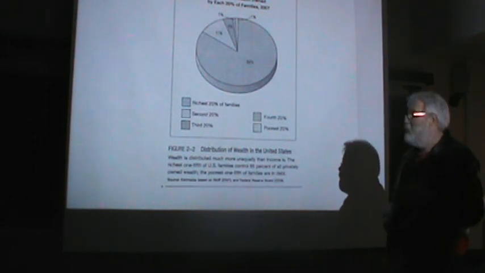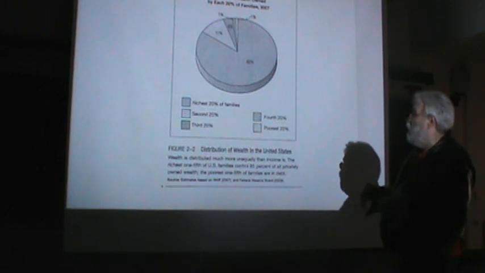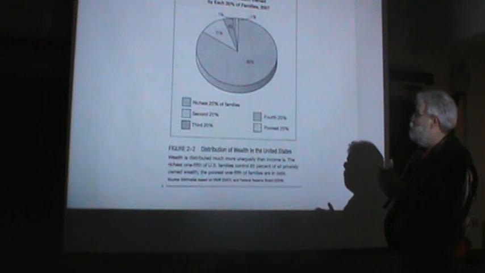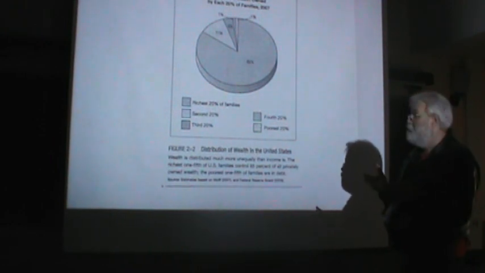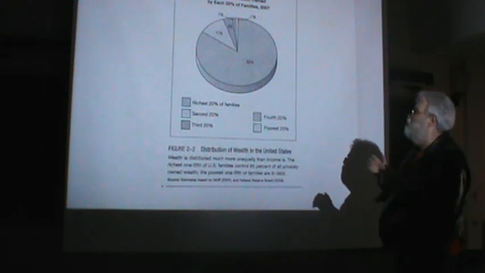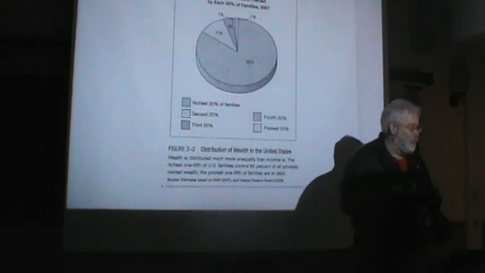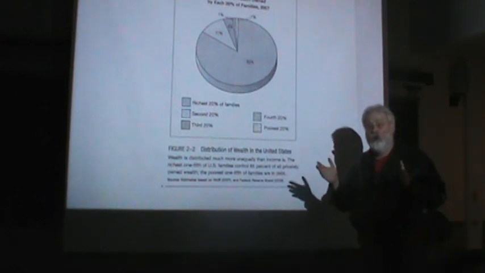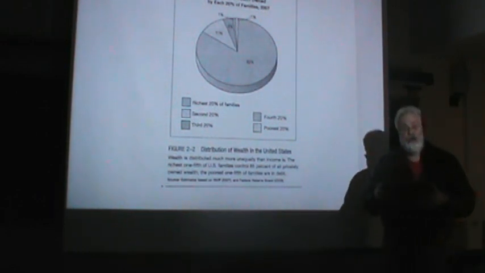By the time we hit the middle or third quintile, they only owned about 4%. The fourth 20%, only 1%. And the poorest 20% actually had negative net worth, minus 1% of all wealth. In other words, they owed more than they owned. They had greater debts than they had assets.